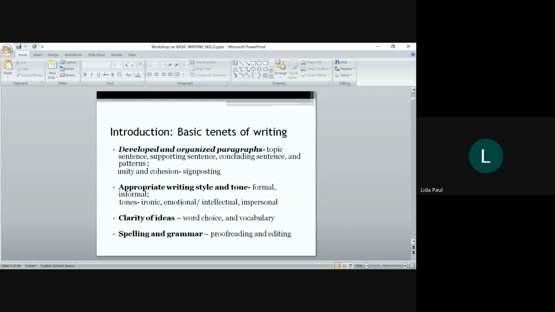So you can either organize your thoughts or your sentences chronologically, spatially, temporally based on the time, or you can do that in such a way that you can create a compare and contrast arrangement or a cause and effect mode of arrangement, right?